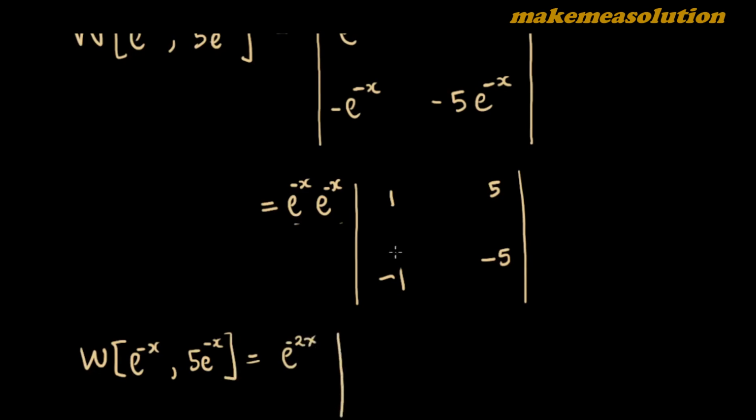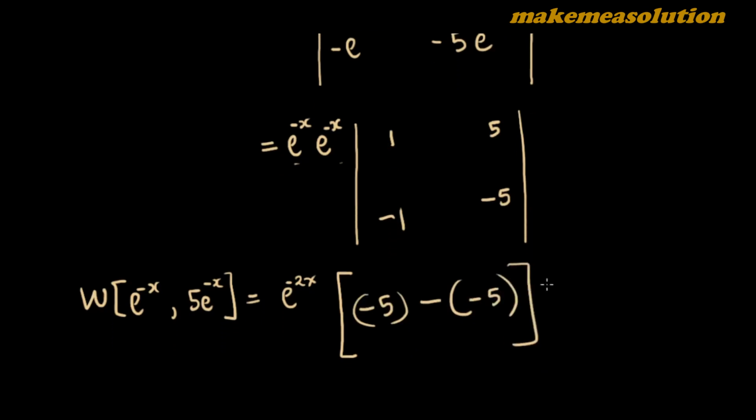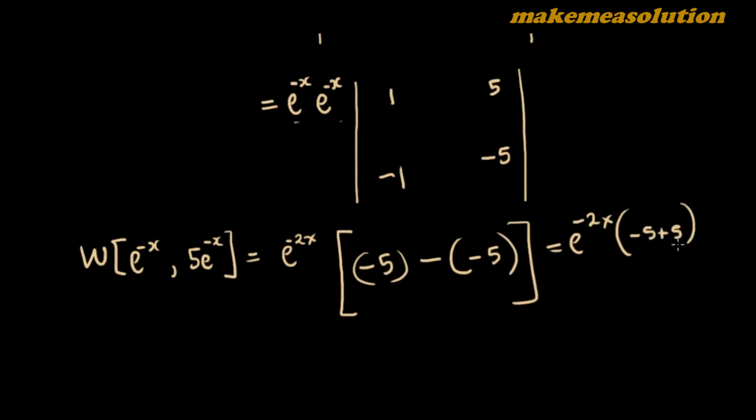And when you open this particular bracket, 1 times negative 5 is negative 5, then minus 1 times 5 is minus 5. So minus 5 minus 5 is actually going to give me minus 5 plus 5, and at the end of the day it's a 0.